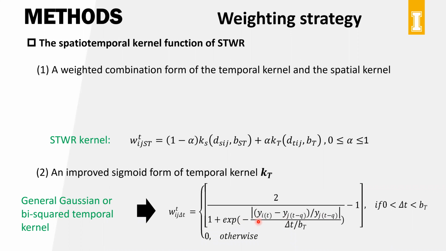Because we think that if the value change is very fast, then it is also influencing the regression model. So if you want to know the details of this time kernel, you can check out the paper that was just posted from Marshall.